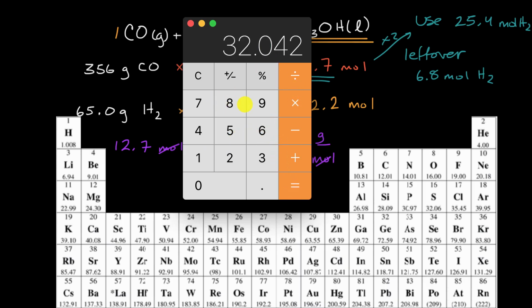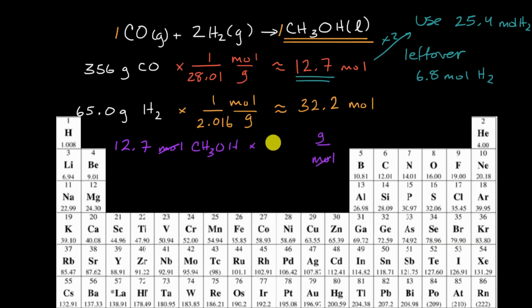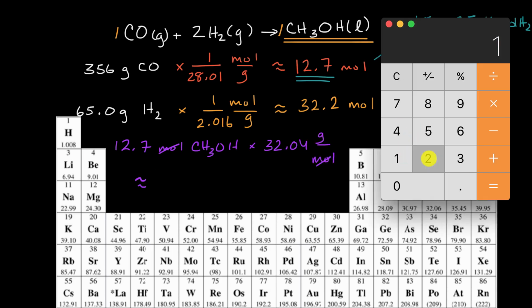And let's see, we will round to the hundredths place because our oxygen and carbon molar masses only went to the hundredths place here. So 32.04 grams per mole. So we have 12.7 moles times 32.04 grams per mole will tell us that we are going to produce that much methanol.